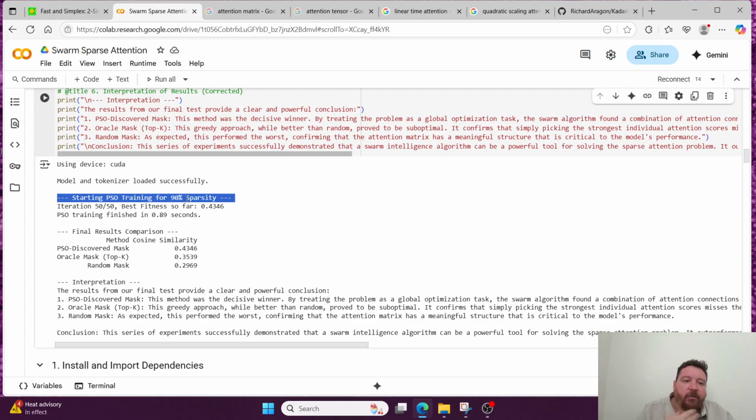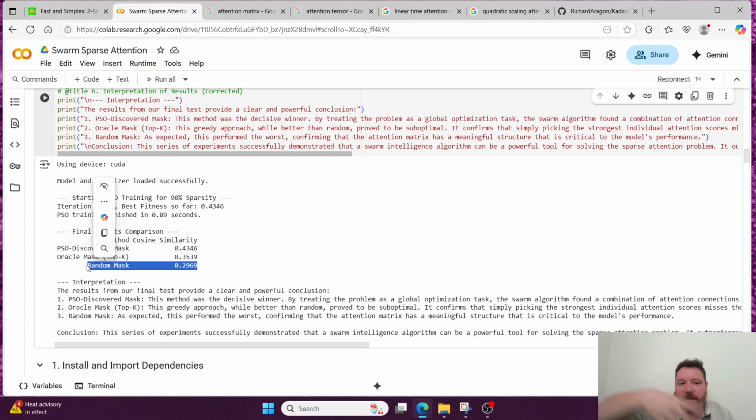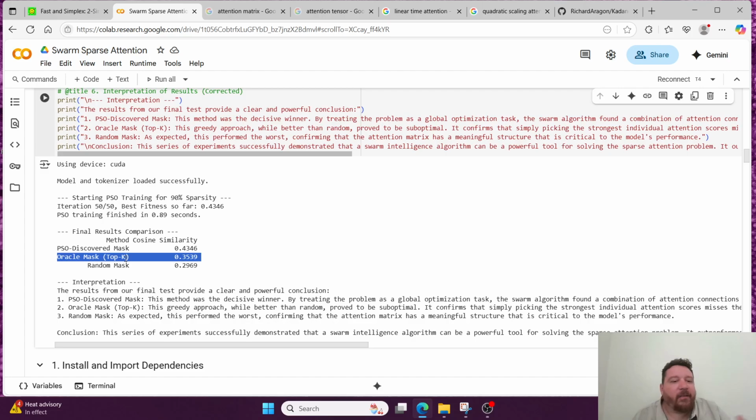In this first test, we're testing at 90% sparsity. I have a random mask test, which is the most base sparse attention possible, to recreate from sparse attention. The oracle mask is essentially the top K, the student model's best predicted outcome it can come up with.